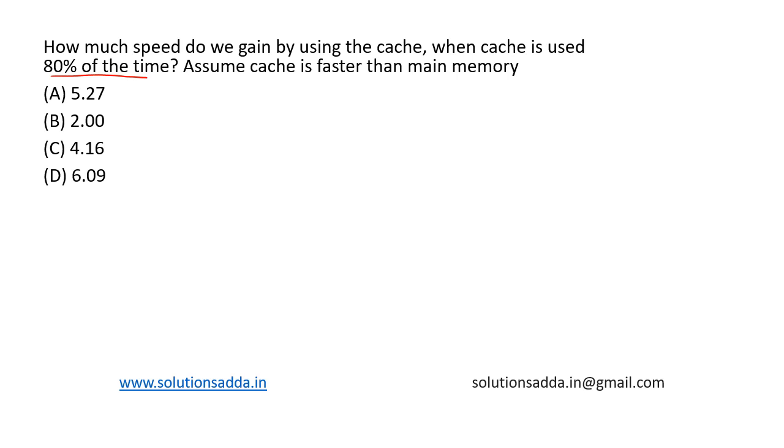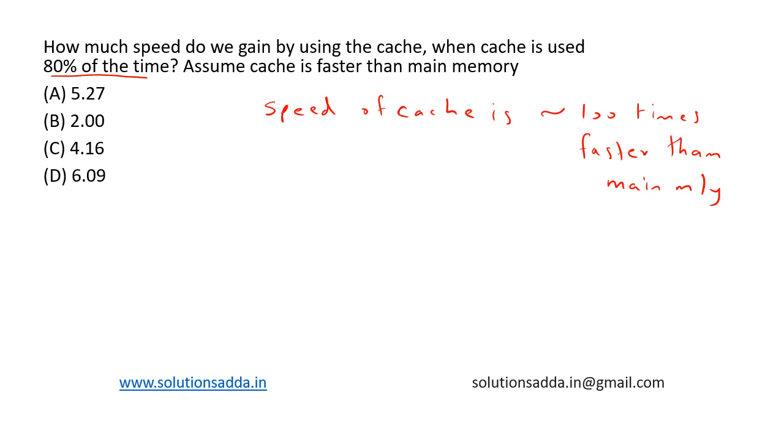So in general, the speed of cache is approximately 100 times faster than main memory. This is the assumption.